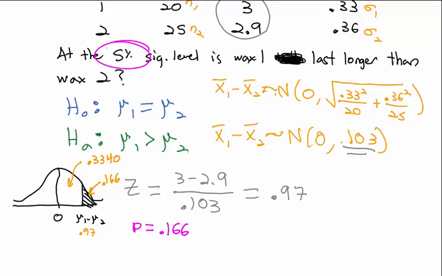16% is much bigger than the acceptable 5%, so we will make a decision to fail to reject.